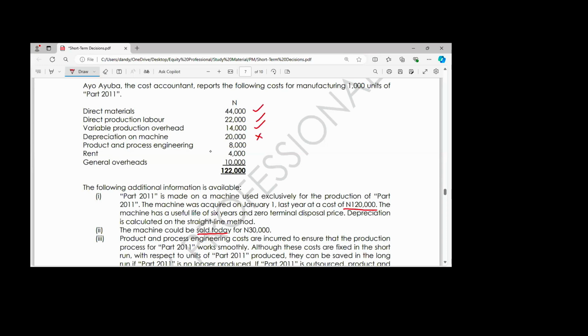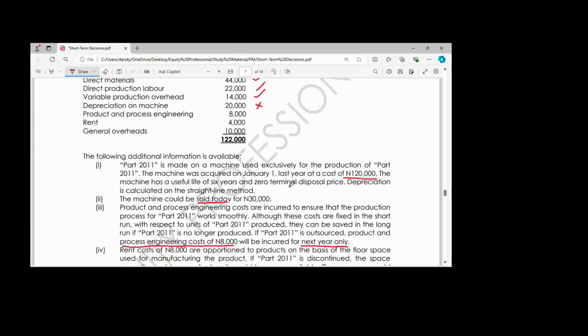Then product and process engineering. The examiner has told you that process and engineering costs are incurred to ensure that the production process for part 2011 works smoothly. Although these costs are fixed in the short run with respect to the units of part 2011 produced, they can be saved in the long run if part 2011 is no longer produced. So if part 2011 is produced, product and engineering costs of 8,000 will be incurred.